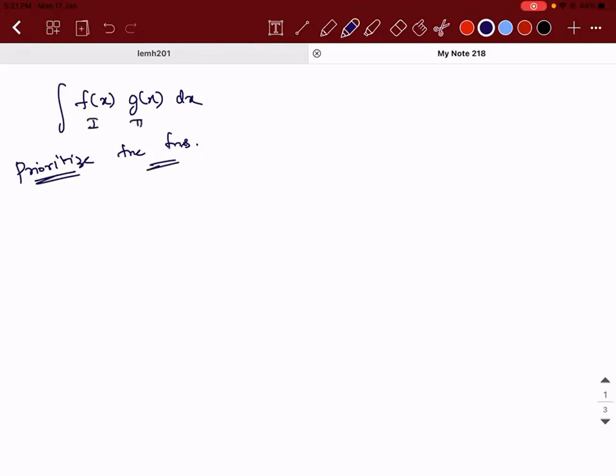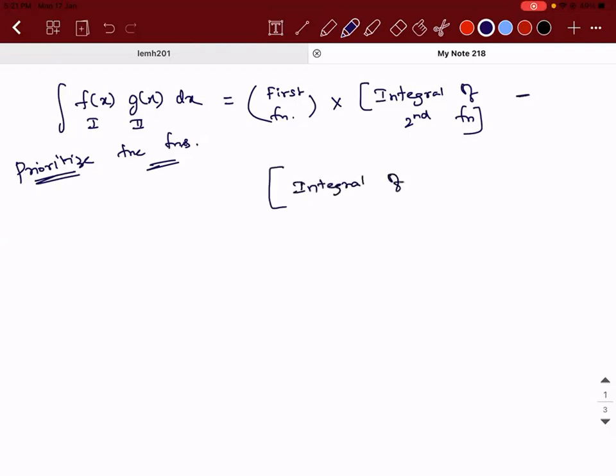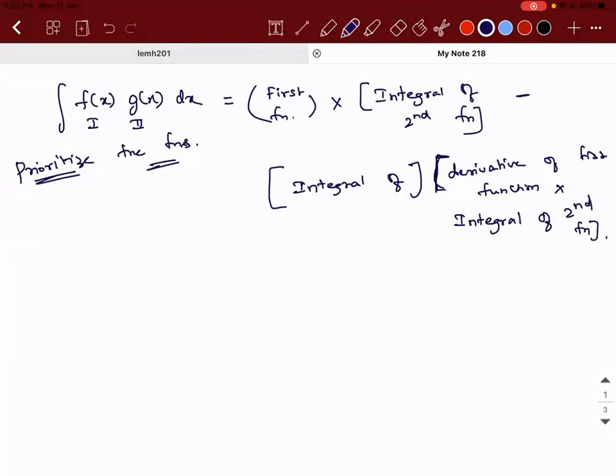So, if I take this as the first function and this as the second function, then the answer to this is first function into integral of second function minus integral of derivative of first function into integral of second function.